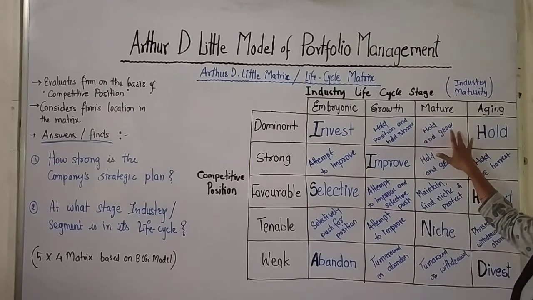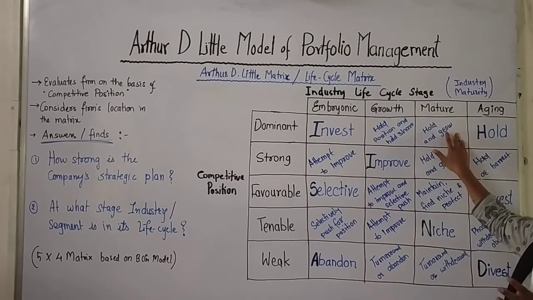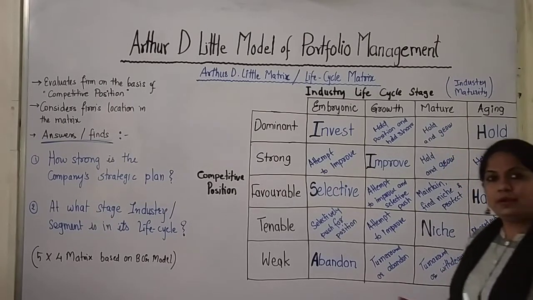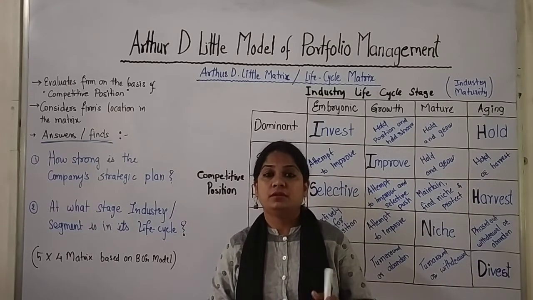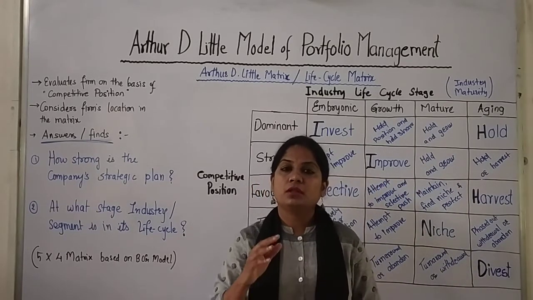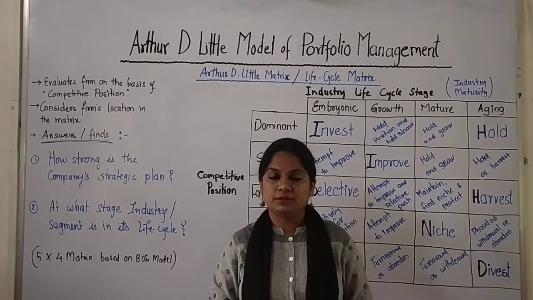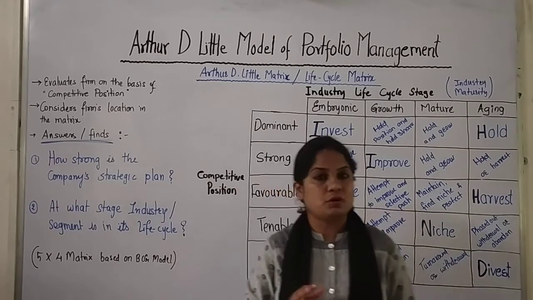The third is the maturity stage. If your position is extremely dominant and the industry is matured, then hold and grow in the industry, because the industry is still growing, and in combination the position is extremely dominant.